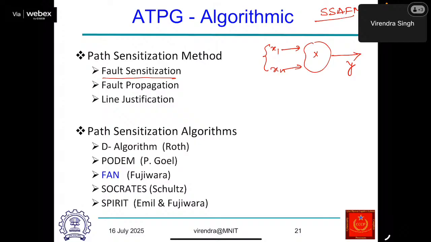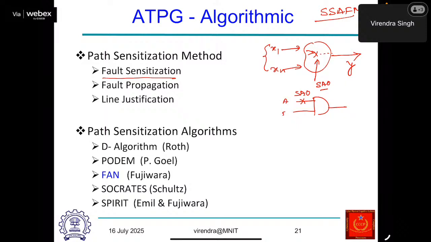Say, for example, if this point is stuck at 0 fault, and if I apply value 0 at that point, will it propagate or will it produce the output? For example, here I have this circuit with inputs A and B and output C, and this is stuck at 0.